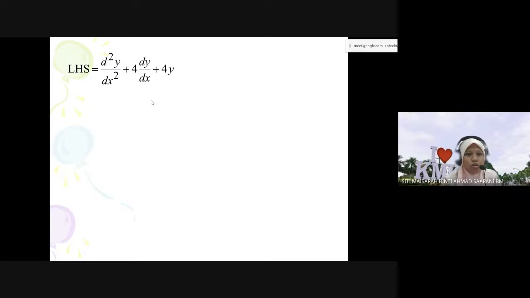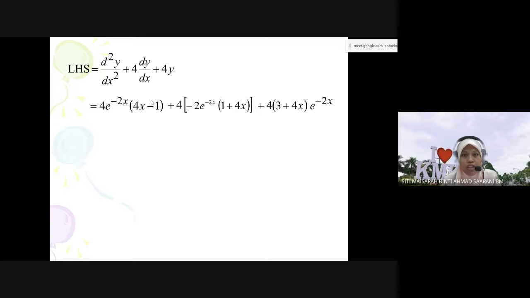Okay, one alternative is that we can substitute until we get 0. Since we already have the second derivative, we already have dy/dx, and we already have y, we can directly substitute into the left hand side. So substitute the second derivative plus 4 dy/dx plus 4y.